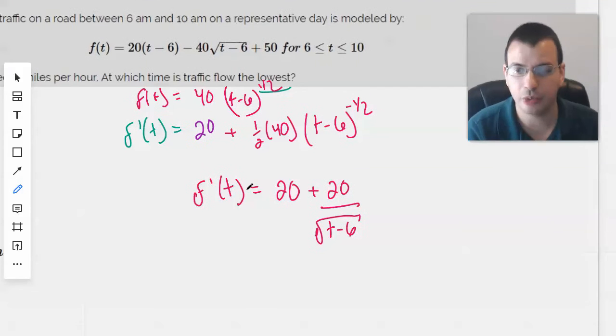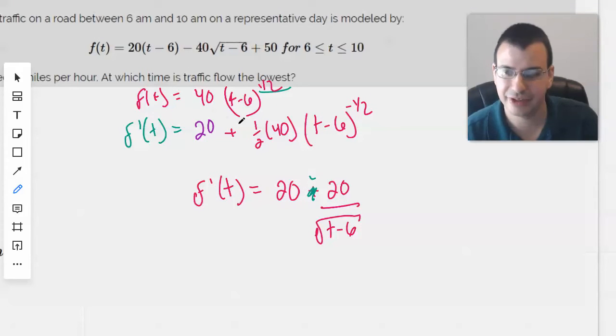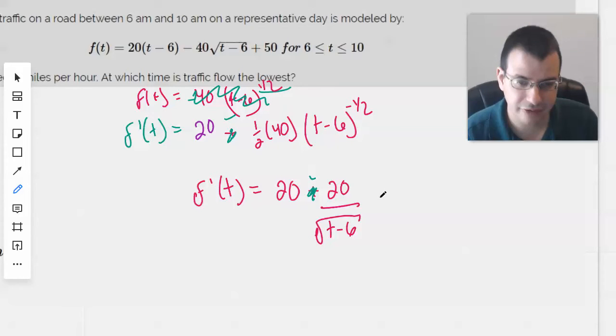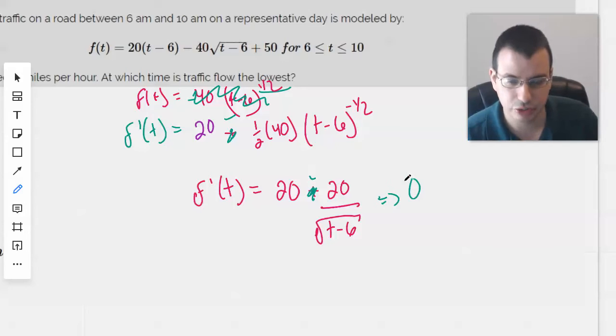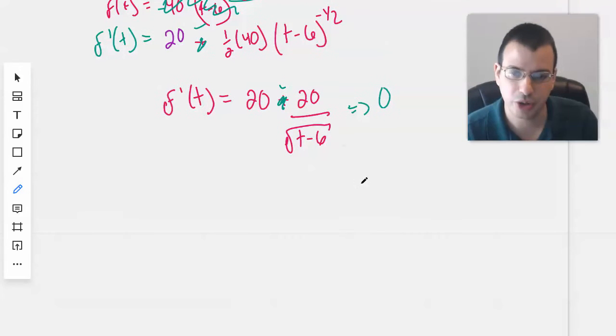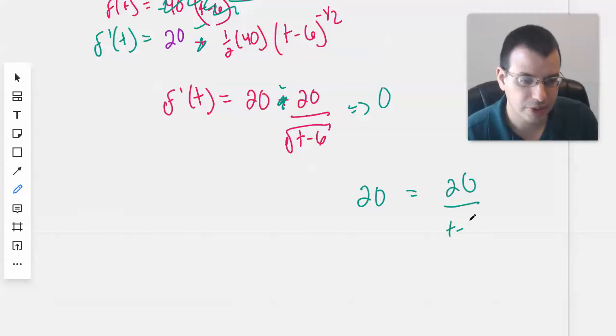Is that even possible? Oh, because it's a negative. So negative 20 minus 20 over the square root of t minus 6. I'm going to set it equal to 0. And we're left with 20 equals 20 over the square root of t minus 6.